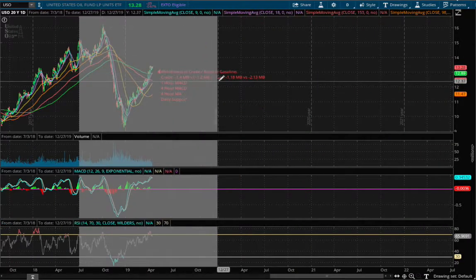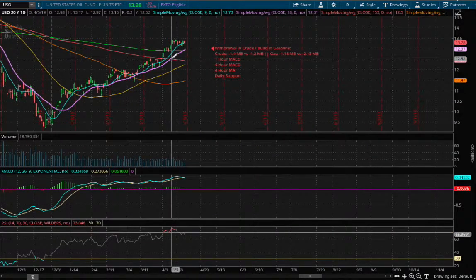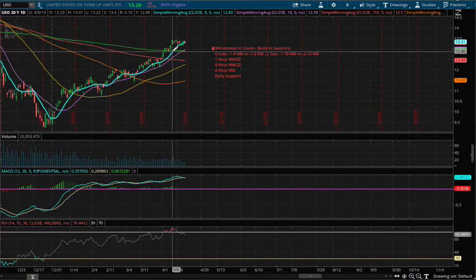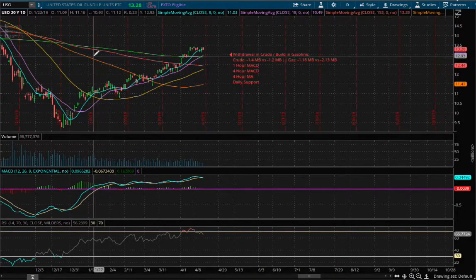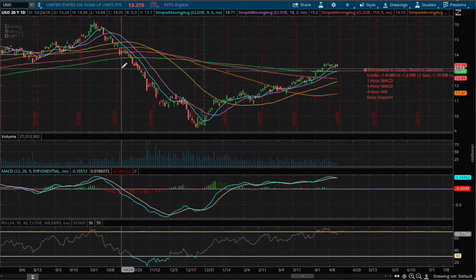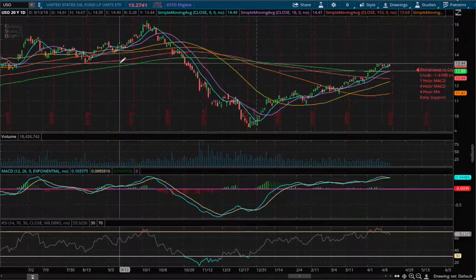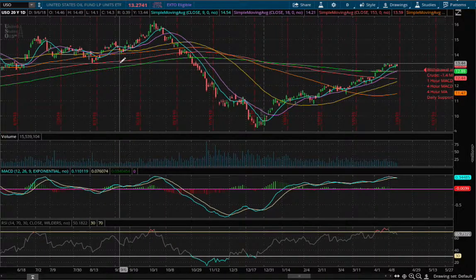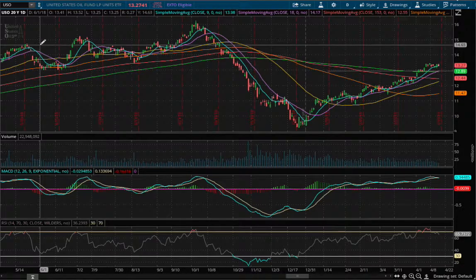On the daily chart, we do see possible support with the 18-day and the 200-day, and I do see this acting as support. For resistance, I do not really see any chance of us heading higher, but the possible resistance will be at a price of around 14.